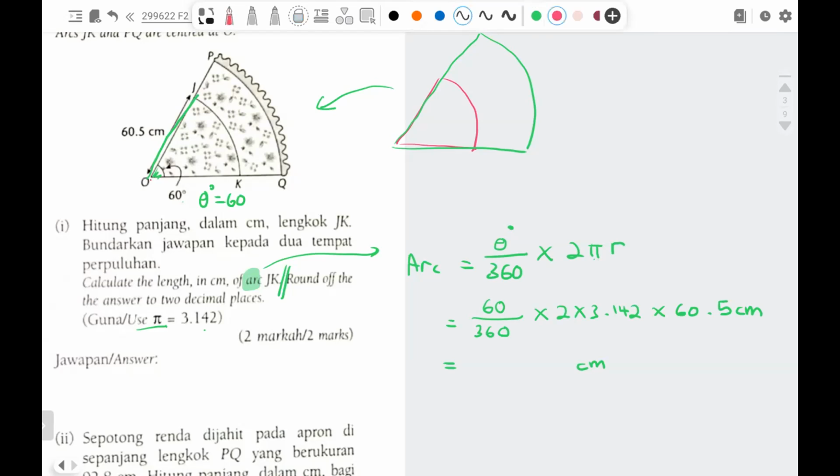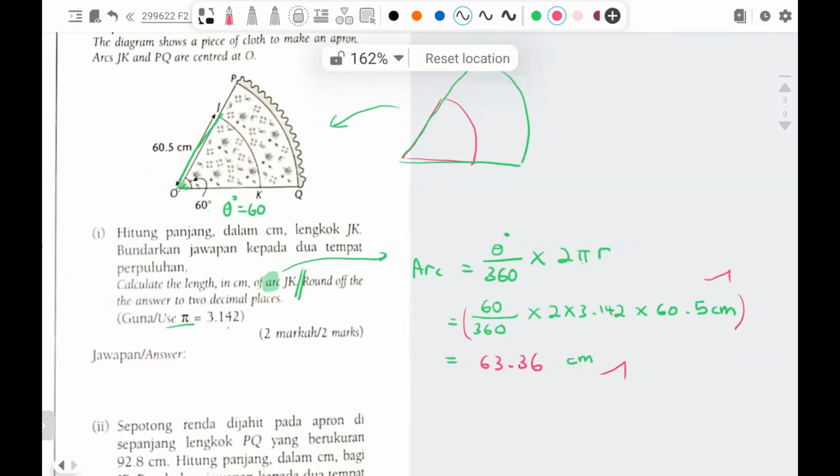If you're able to write down this equation, then you get 1 mark. After the equation, and your answer is correct, then you will get another mark. So total 2 marks. 63.3, yeah. Okay, 63.3. It's the same. So we get 2 marks. Very good. Okay, so can proceed.